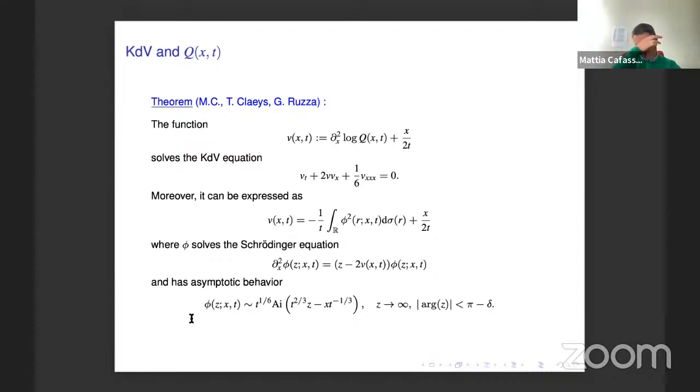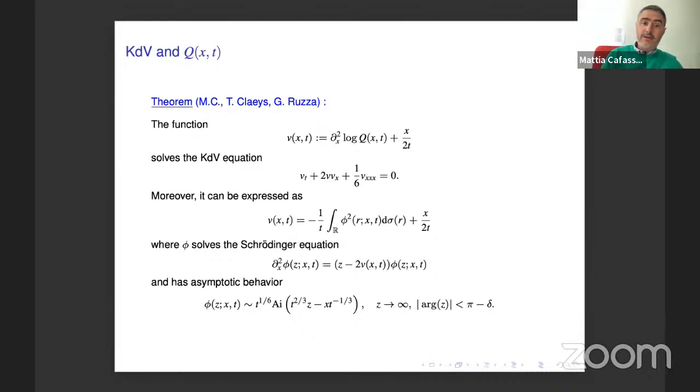So at the beginning, when we found these equations, we were a little bit puzzled, because we were looking for this integro-differential Painlevé 2, but then actually we found this KdV. So that was very good. We were very happy, but then we were asking where this integro-differential Painlevé 2 equation is hidden.